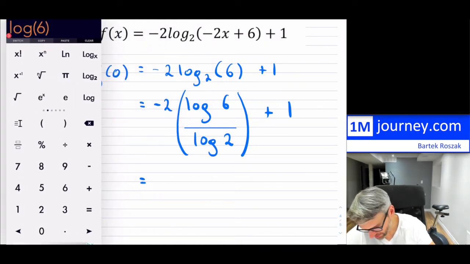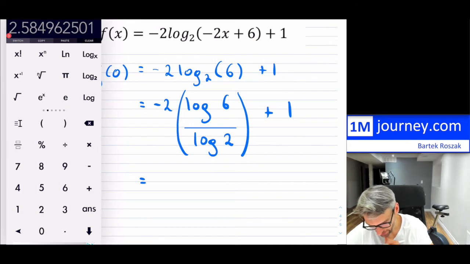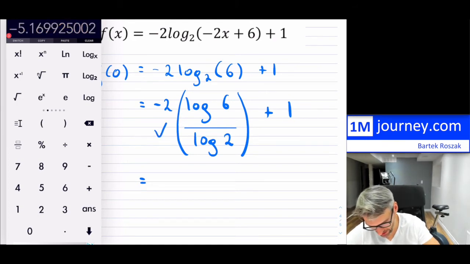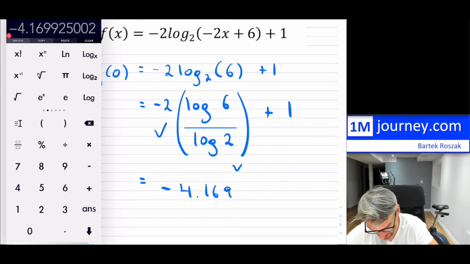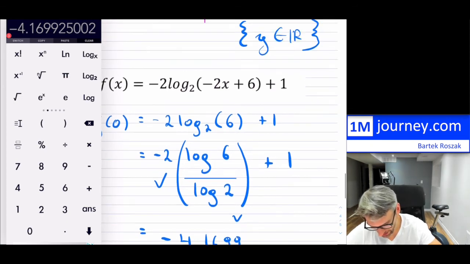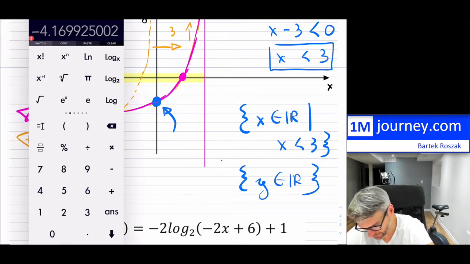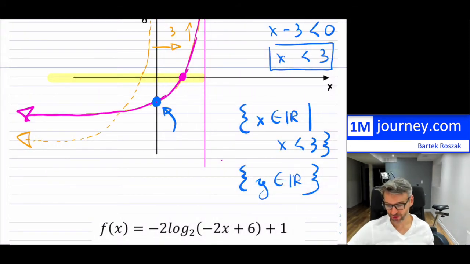Log of 6 divided by log of 2, times -2, and then plus 1. This is -4.1699 and so on. You can round it, but that's this point right there that you see. That's where it should be crossing the y-axis.